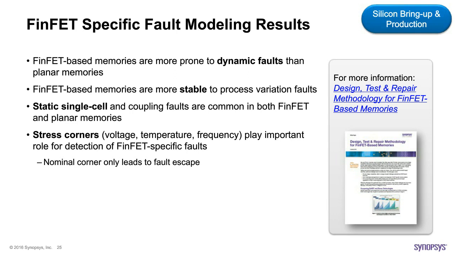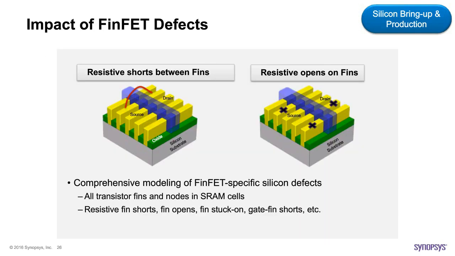However, now as we're moving to 7, we see that coming back again. Therefore, the test under different corners, under different conditions is necessary. And also, as we are shrinking the dimensions, moving to 7, we are seeing the fact that we need to take care of not a single failure, but rather multiple failures per transistor being considered in those.